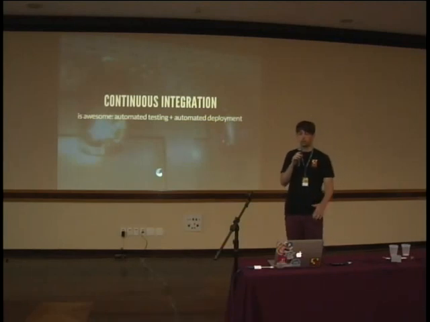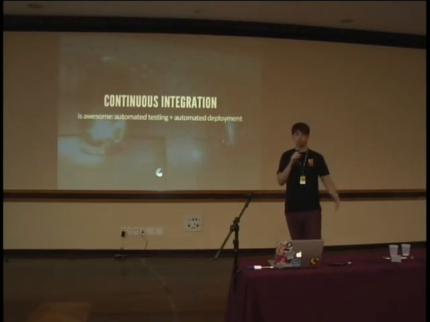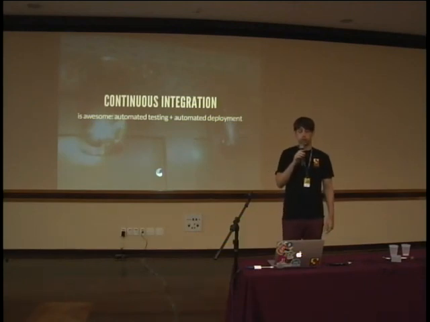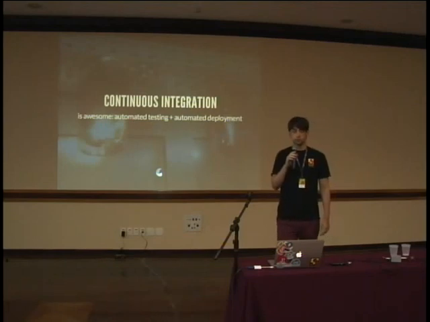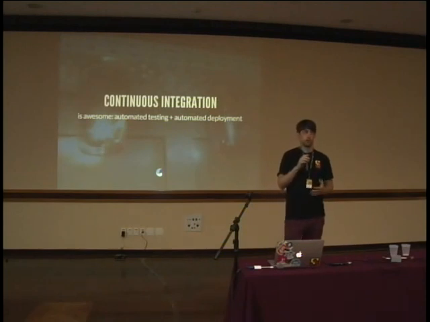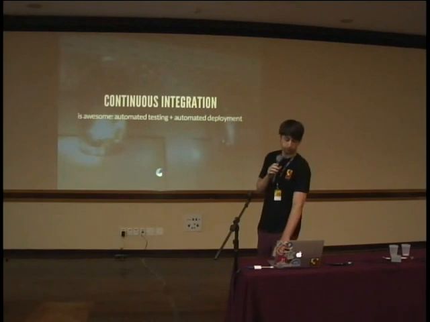And if you're already there, you do continuous integration, you probably want to go even further. And of course, probably all of you know that automated deployment is another cool thing that you can do. Because if you do your testing really well, you can be almost sure that your application is still working.